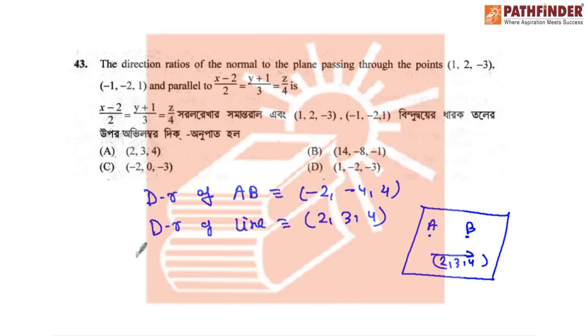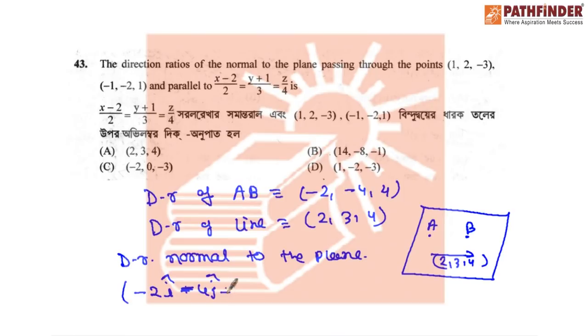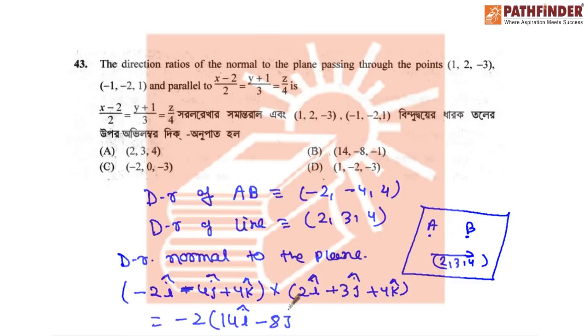So direction ratio normal to the plane is given by the cross product of these two: minus 2i cap minus 4j cap plus 4k cap cross 2i cap plus 3j cap plus 4k cap is equal to minus 28i cap minus 8j cap minus k cap.